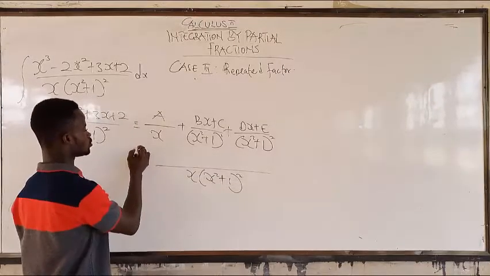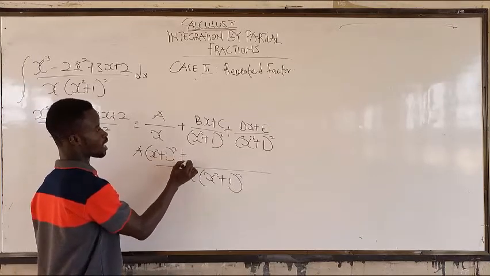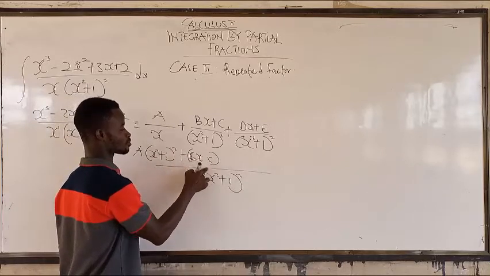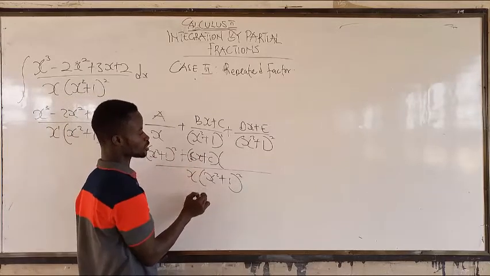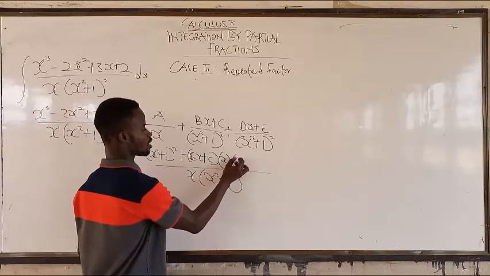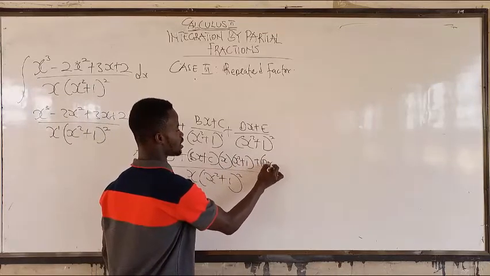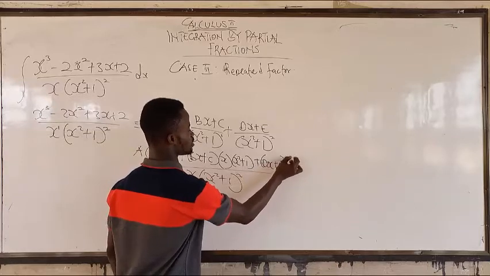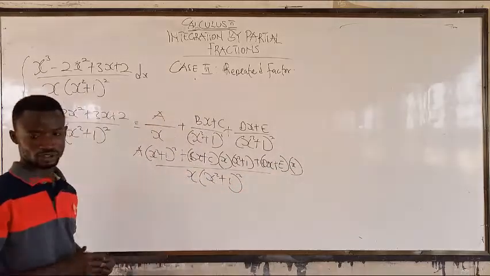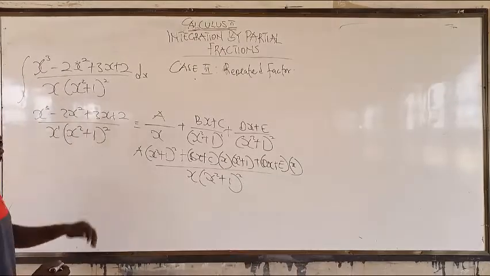Alright, so the A is going to multiply x squared plus 1 squared plus bx plus c is going to multiply x, then x squared plus 1 plus dx plus e. This is just going to multiply x. Very good. Now you know where we are going. That is equating the numerators.